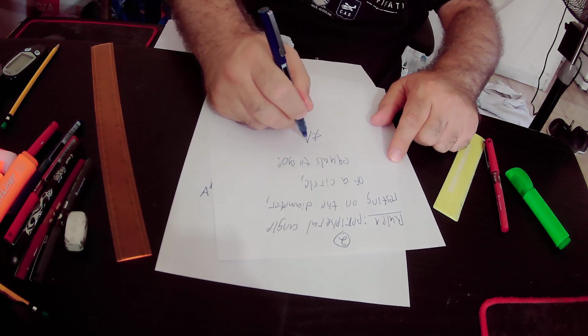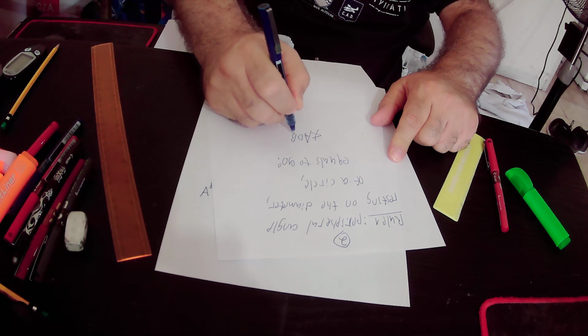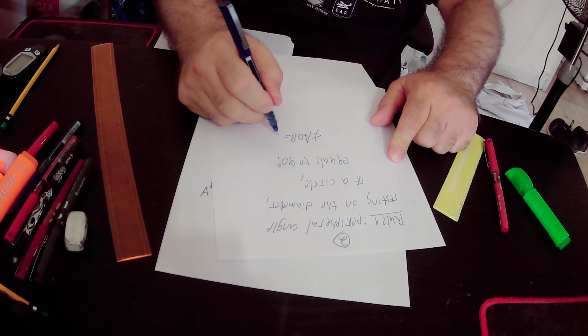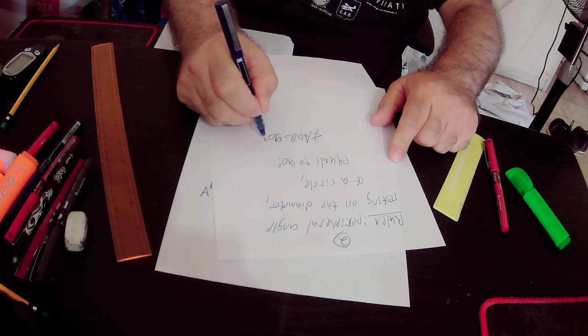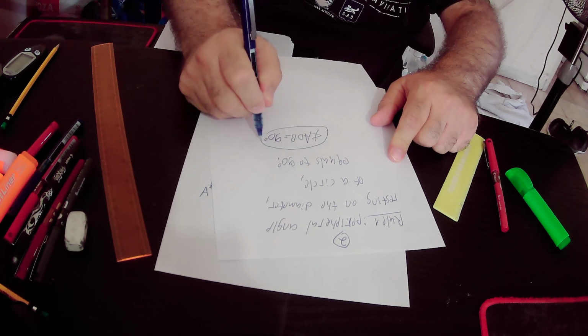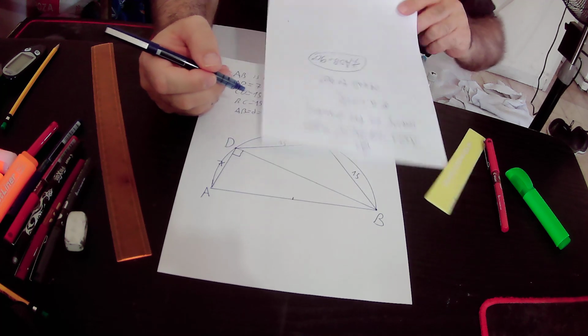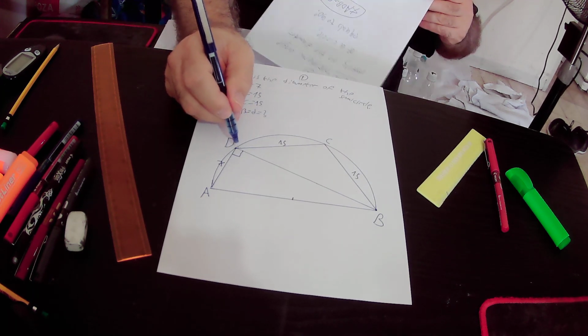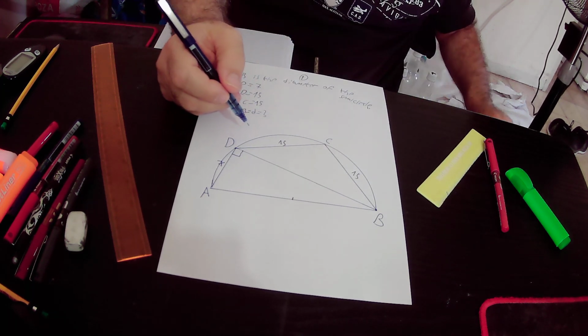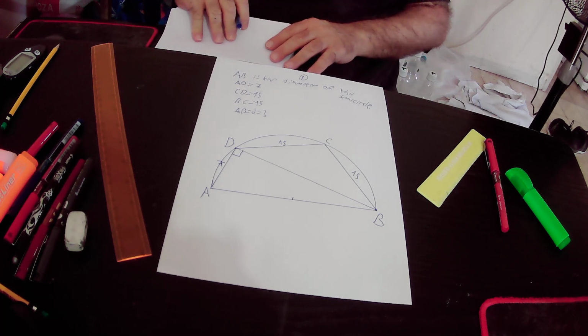Angle ADB that rests on AB, the diameter of the semicircle, equals 90 degrees. Okay, so this angle is a right angle.